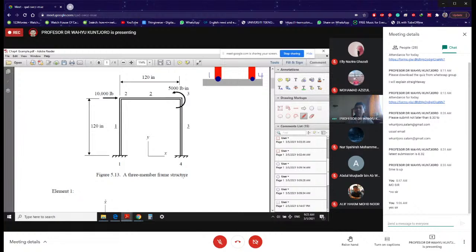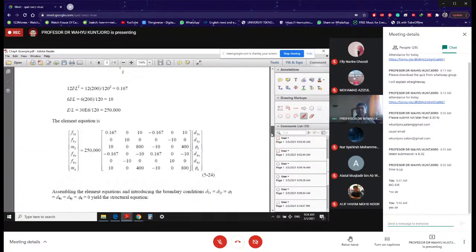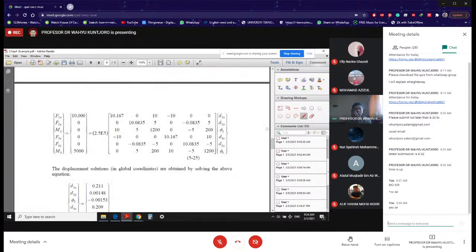That means you are going to have 6 degrees of freedom to delete from 12 by 12. You deduct 6 degrees of freedom, then you will have at the end 6 by 6. So before boundary condition 12 by 12, after you introduce the boundary condition, it is going to be 6 by 6. So that equation is given over here.